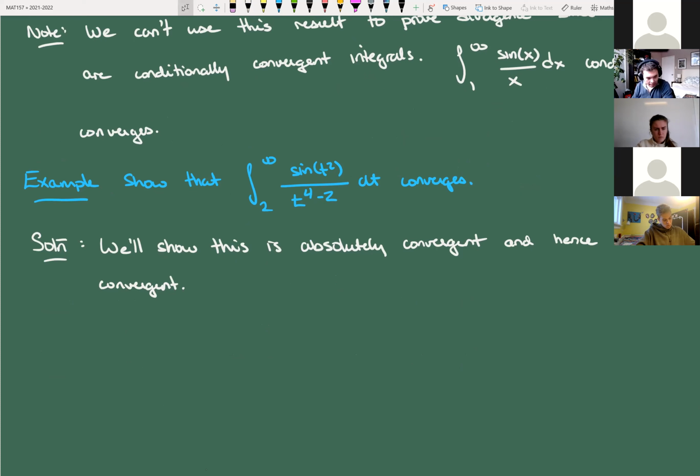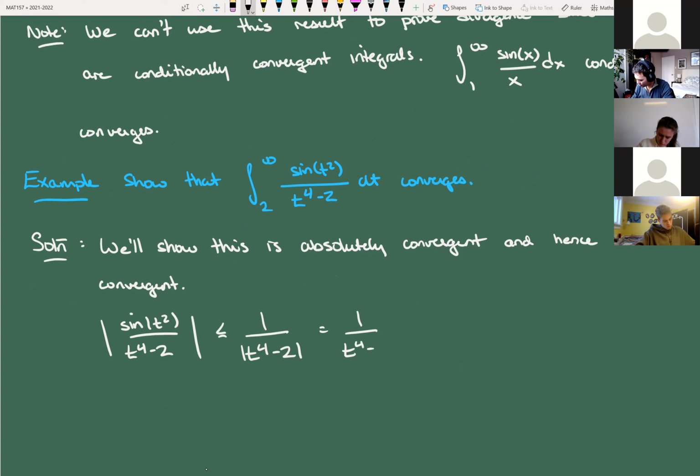If I take its absolute value, I can't really do anything directly, but I can get rid of the sine, because when I take the absolute value of the sine, I always get something between 0 and 1.